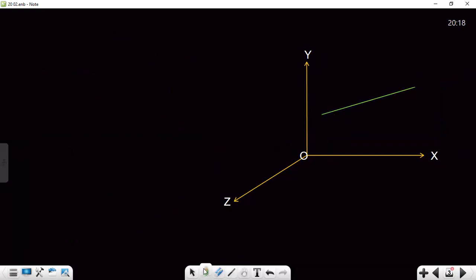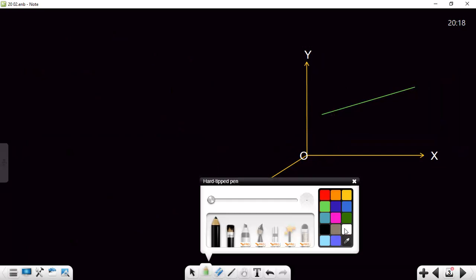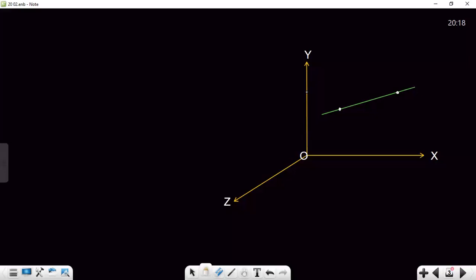This is a line given to us, and there are two points given on the line, A and B. Point A's coordinates are x1, y1, and z1, and point B's coordinates are x2, y2, and z2. These are the only two things that we have.